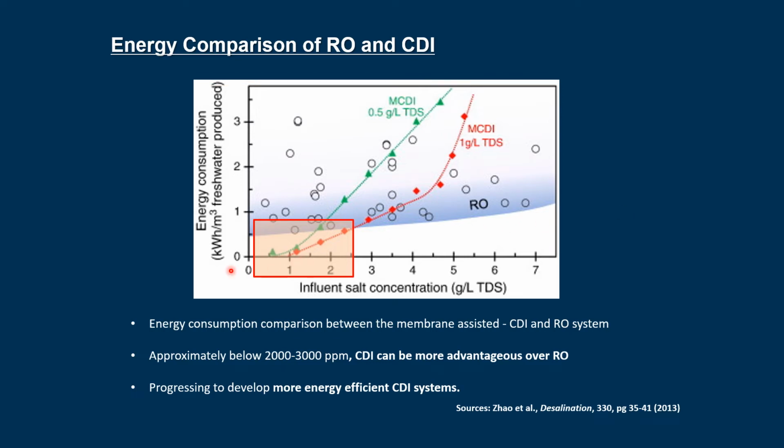On the other hand, the MCDI is very straightforward. When you have a low concentration, such as less than 2000 milligram per liter or 2 gram per liter, MCDI compared to the reverse osmosis technology has very low energy consumption.